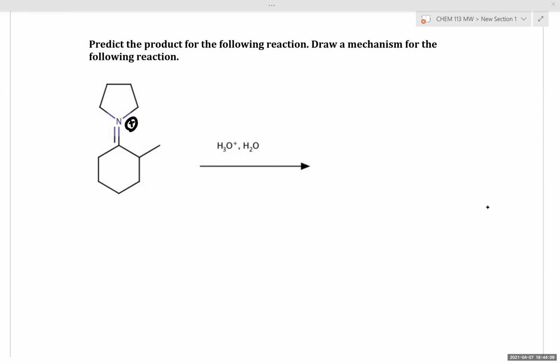If anyone would like to annotate that step where water attacks our iminium ion, don't be shy. This will be open to anyone who'd like to annotate, and of course I'll re-annotate as we advance through our discussion.